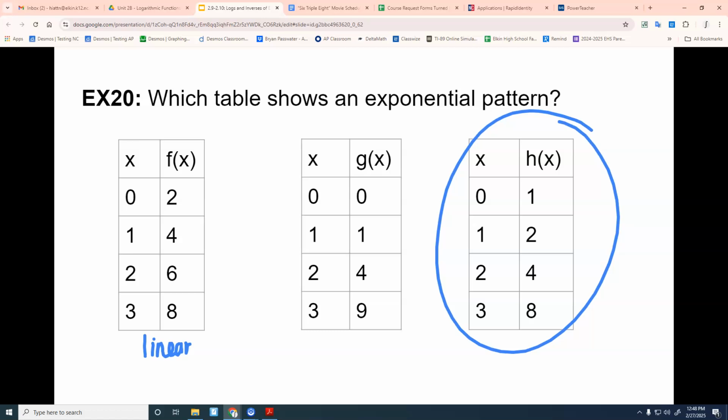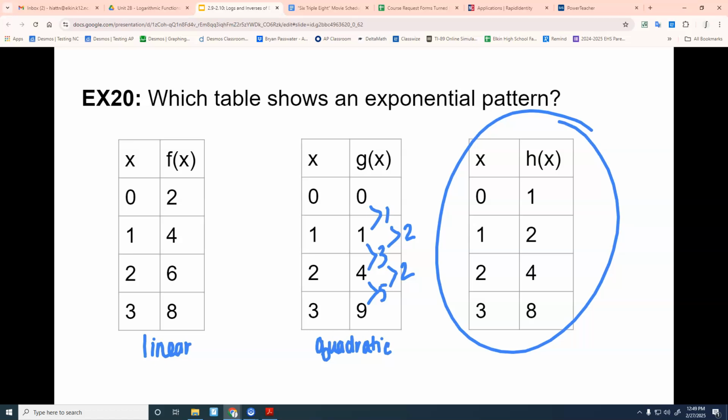What about g? What is that one? That one's quadratic. They didn't ask us that, but I go up by 1, I go up by 3, I go up by 5. If I do a second difference, I go up by 2 for both of those. So that one's quadratic for that one.